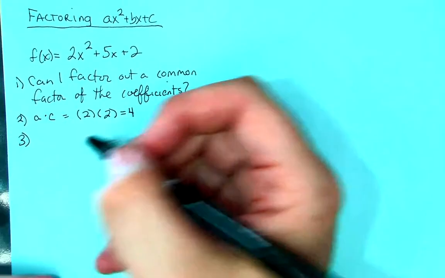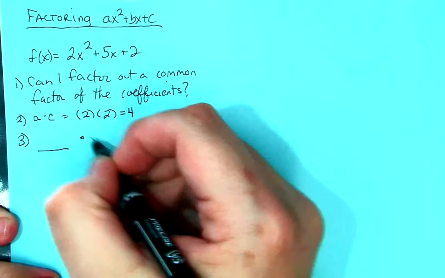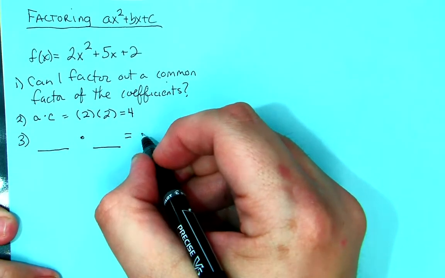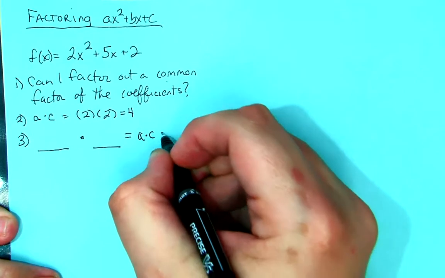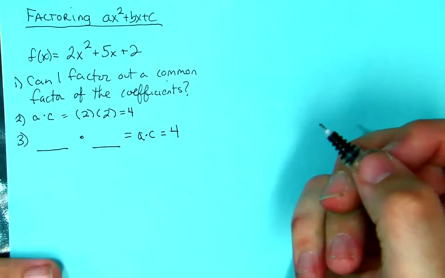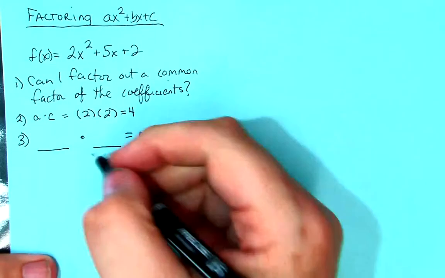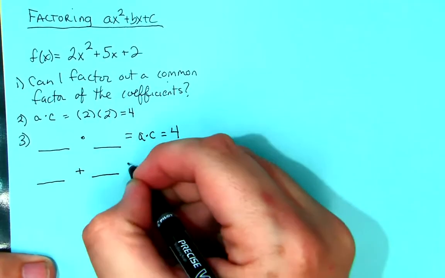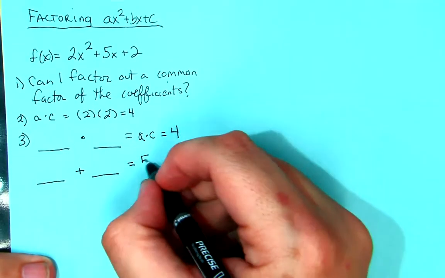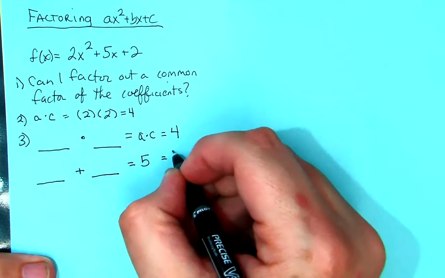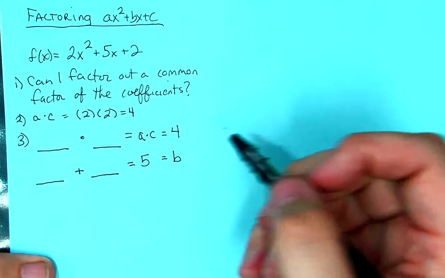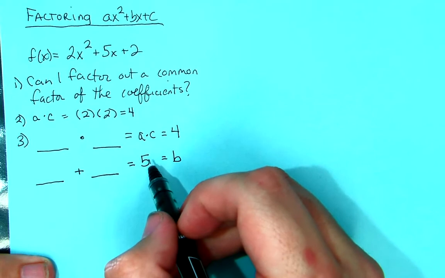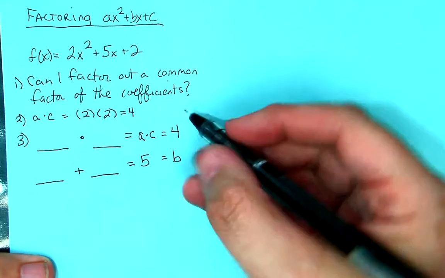Now step 3 is we need two numbers that multiply together to equal a times c, which in this case is 4. But those same two numbers, you have to add them to get 5, which is equal to your b. So I need two numbers that multiply to get 4 and add to be 5.